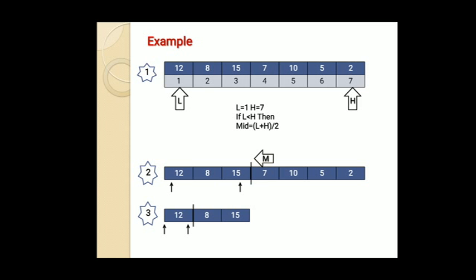You are trying to divide your larger problem into subproblems, and once you have a single element, that is a final solution for the time being. I cannot divide this individual element 12 any further, so that becomes your solution 1.